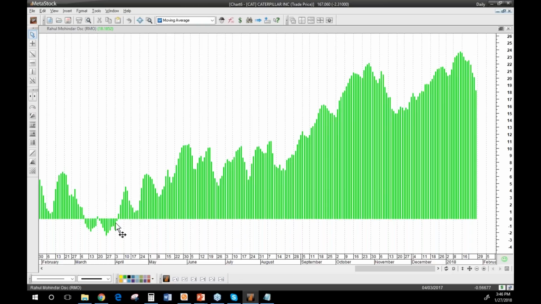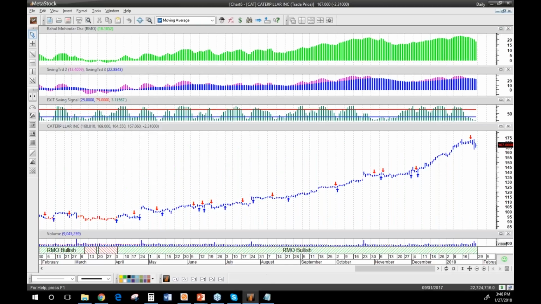We're either bullish or we're bearish. Right now, obviously with Caterpillar, long term we're bullish, and you can see that on the chart right here. If you look at the ribbon, there's a ribbon that plots on the chart at the very bottom that says your RMO ribbon is currently bullish. So that's step number 1. What's our long-term outlook for this chart? Are we bullish or are we bearish?